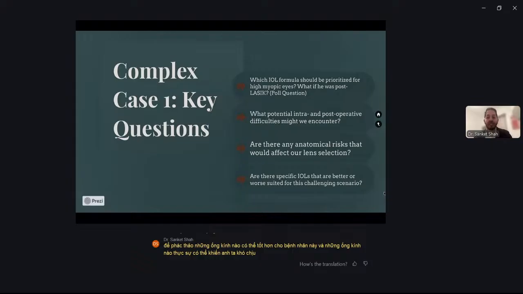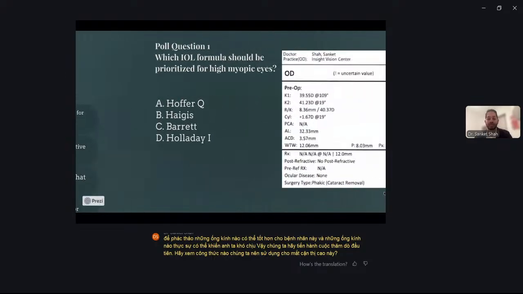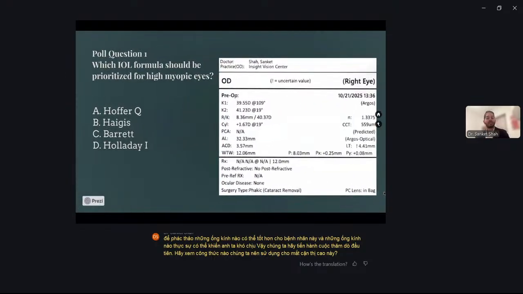So let's get into that first poll. Let's see, what formula should we use in this high myopic eye? Give you guys about a minute to just get your answers in there.